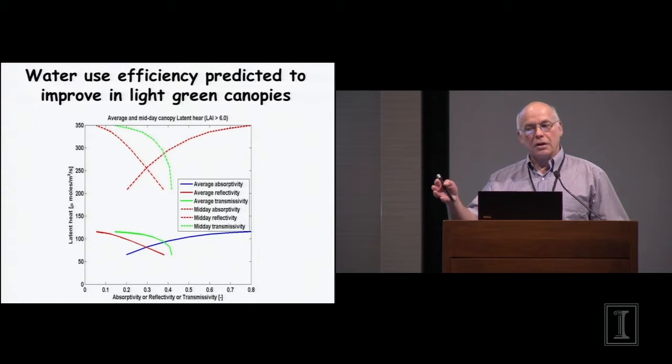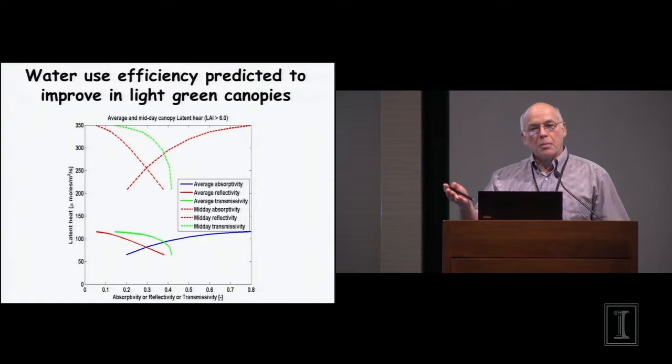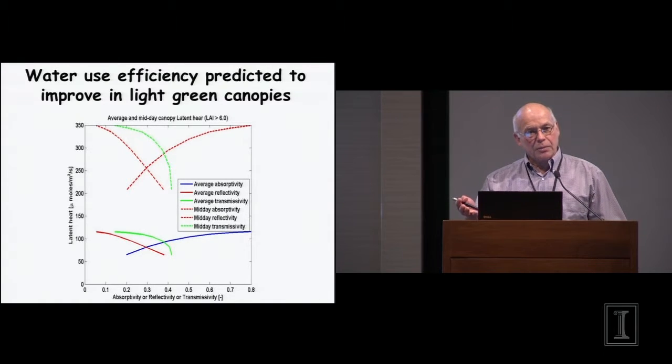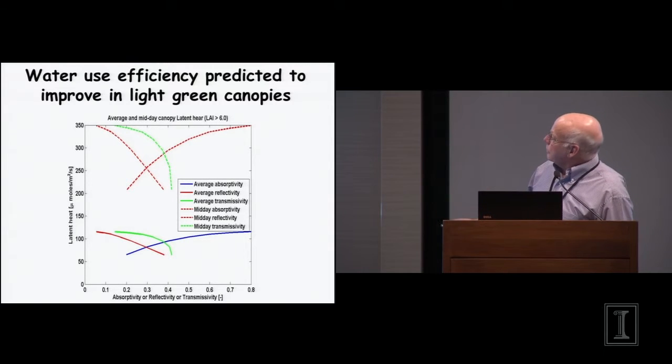The relative humidity is higher in the canopy than it is in the bulk air. And what this means is that there is less of a driving force for water loss. And so these leaves deep in the canopy, if they have enough light, can take up CO2 with less water loss. And this is just shown here by the latent heat, that's the latent heat of evaporation.